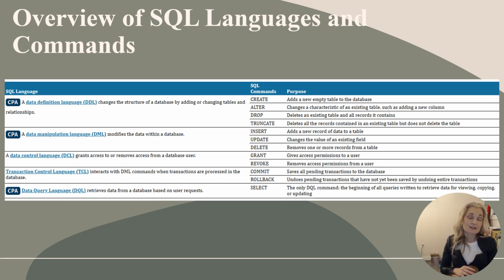Once again, not something that you typically will do as an accountant. Then we have data control language, which grants access to or removes access from a database user. Once again, IT function, we as accountants should not be controlling access.